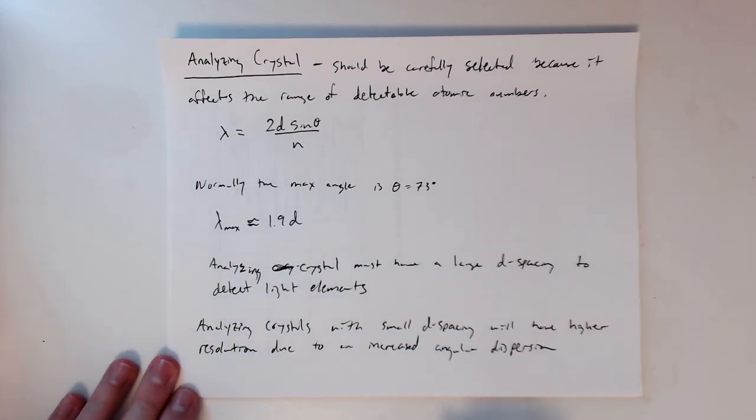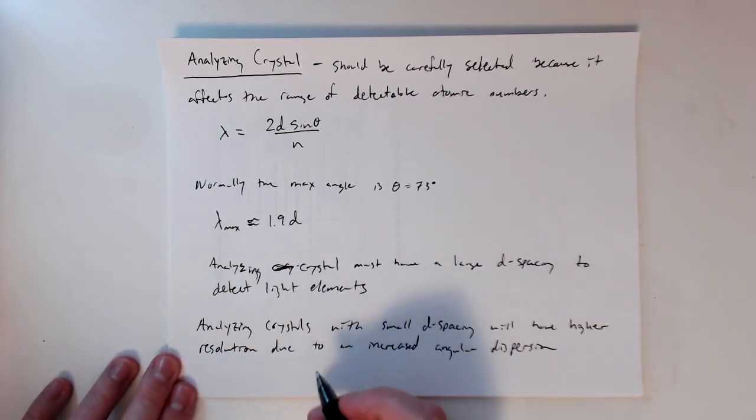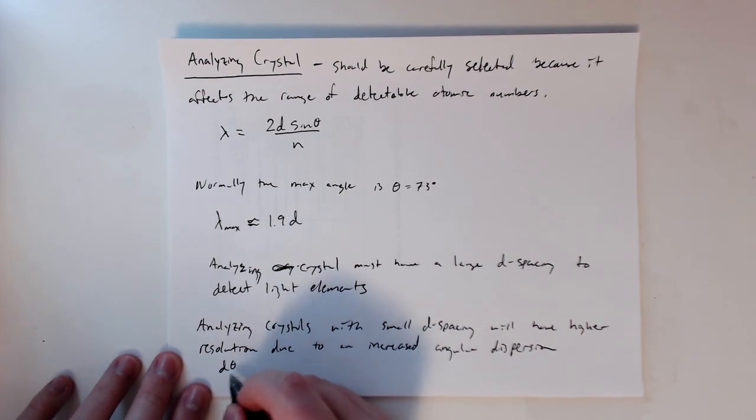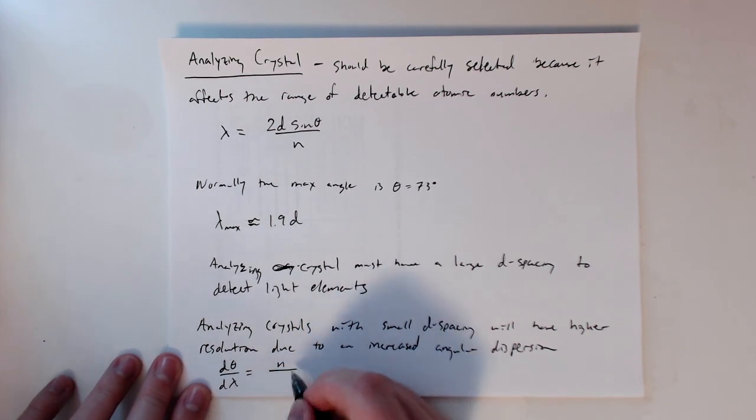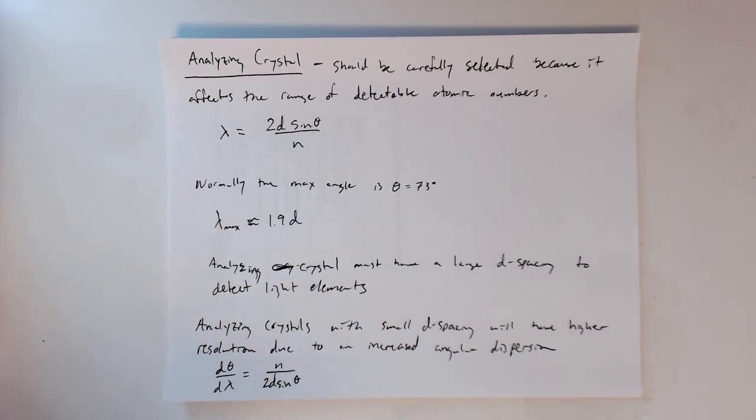We can illustrate that by looking back to a differential form of Bragg's law, which is the change in angle with respect to the wavelength equal to n over 2d sine theta. Effectively that tells us that the angles are spread out and dispersed more when you have smaller d-spacings.